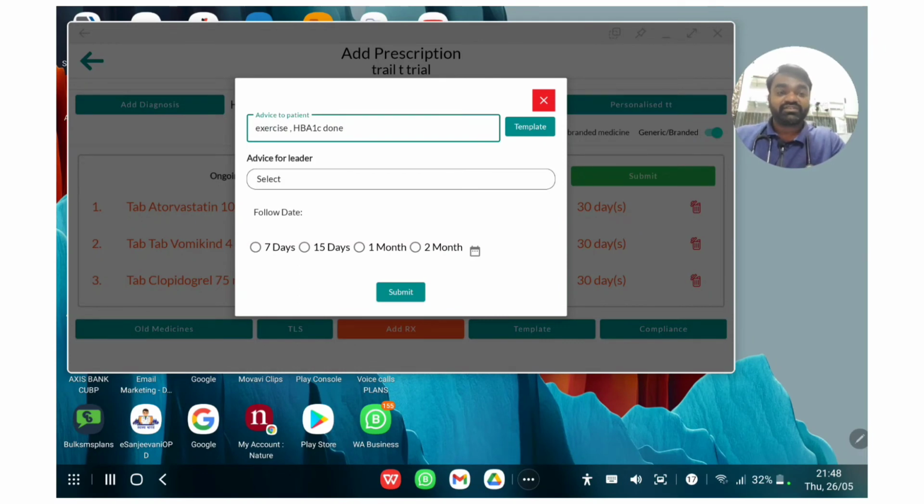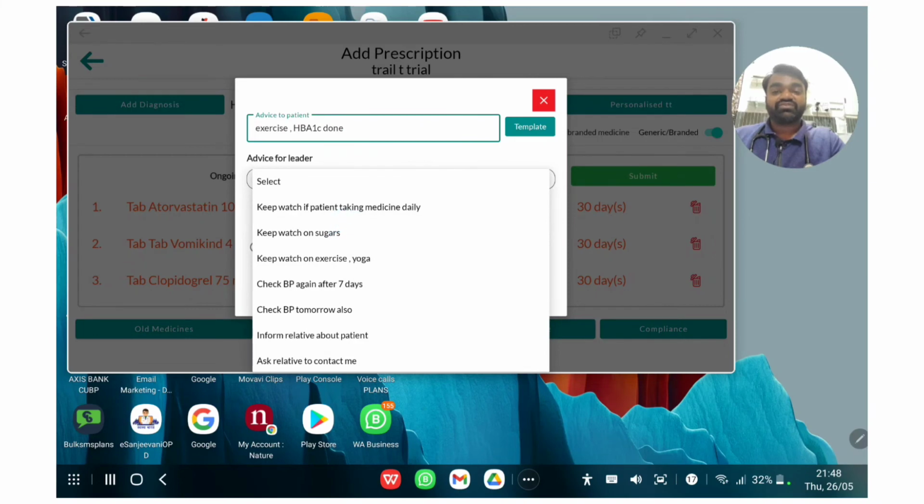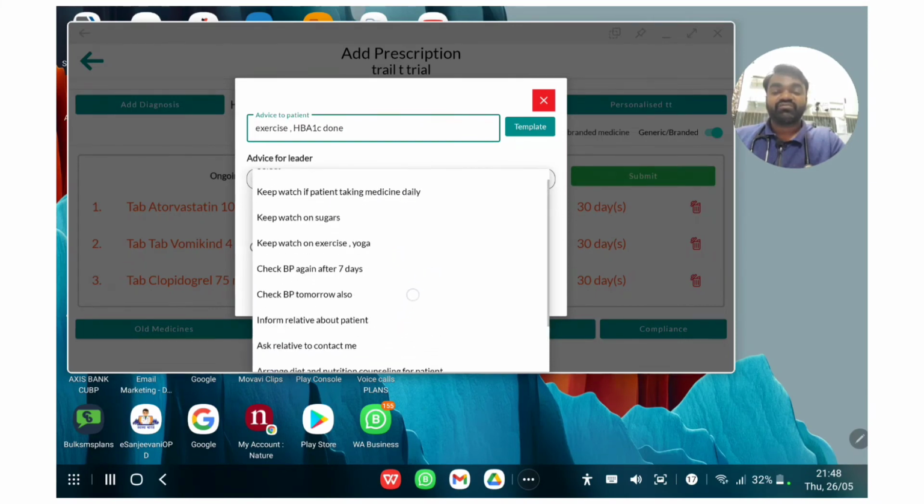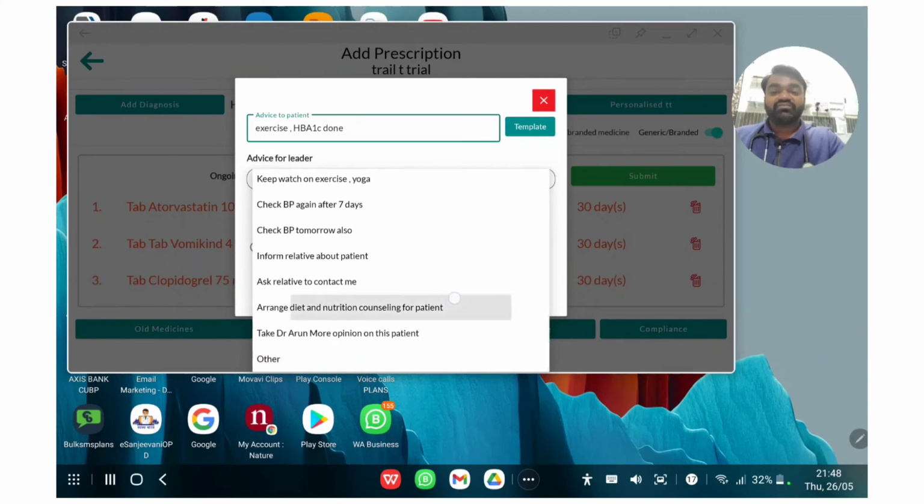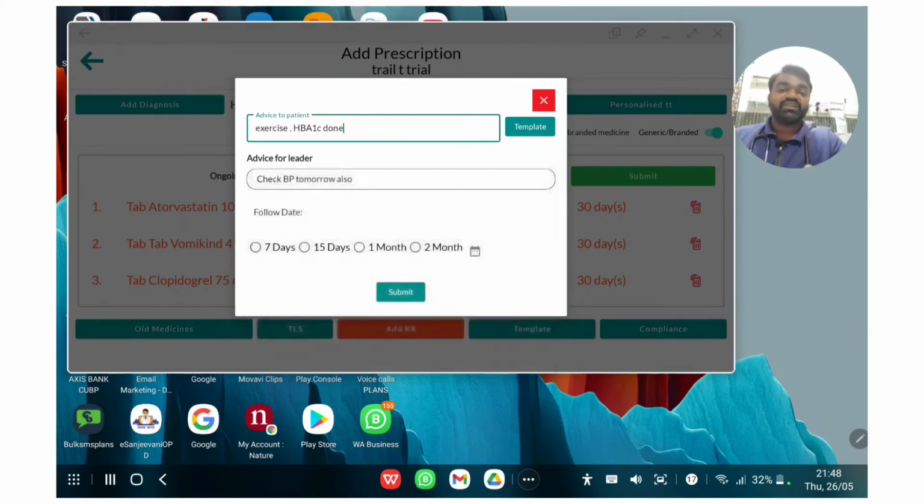Advice for the leader: keep a watch on whether the patient is taking medicine daily, keep watch on sugars, keep watch on exercise, yoga, check BP tomorrow as well, whatever you want to let the leader know. This is the problem with the patient, and keep a watch on the patient. So this way you can give advice for the leader and keep it.